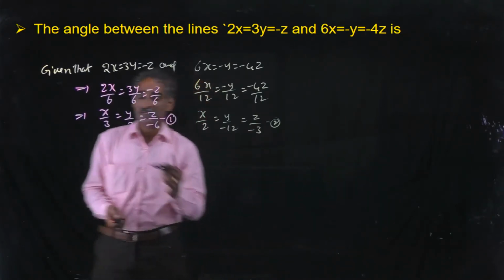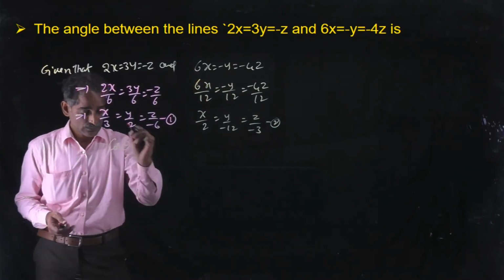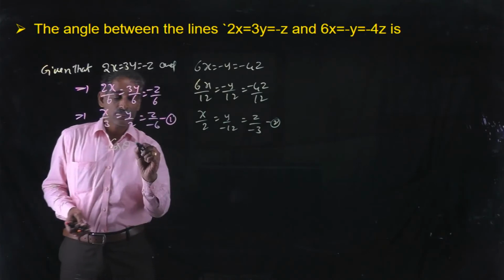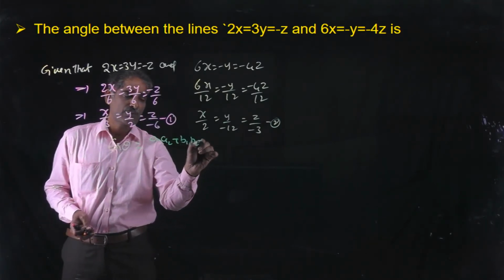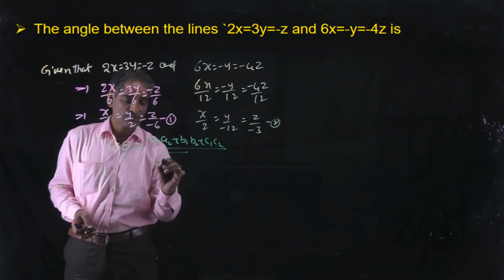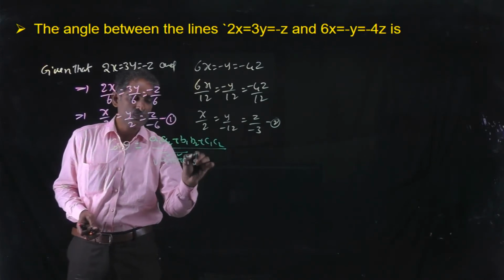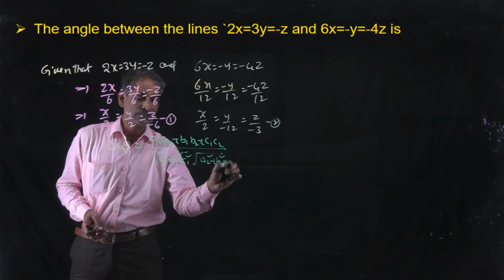So the formula is cos theta is equal to (A1 A2 plus B1 B2 plus C1 C2) by square root of (A1 square plus B1 square plus C1 square) into square root of (A2 square plus B2 square plus C2 square).